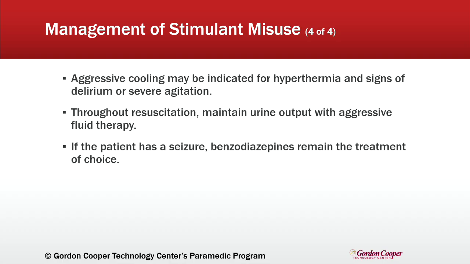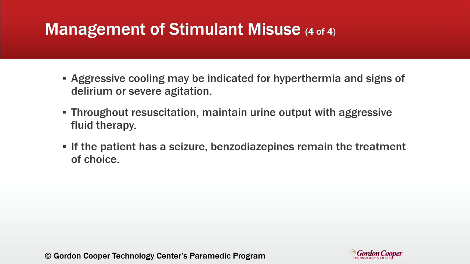Aggressive cooling for those hyperthermic and severely agitated patients may be needed as well. So when that's the case, apply external cooling packs to the groin, axillary, and forearm areas. Aggressive fluid therapy is often necessary as well, and this will help maintain a good urine output and manage dehydration.